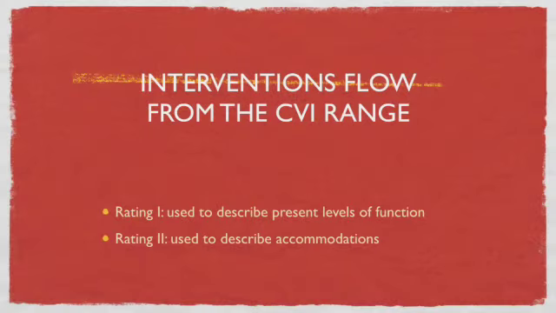It's important to recognize that the interventions flow from the score of the CVI range. So I can't really say strongly enough how critical it is to recognize that the score in and of itself is almost meaningless. It tells you the degree of effect, but why? Why do we need that?